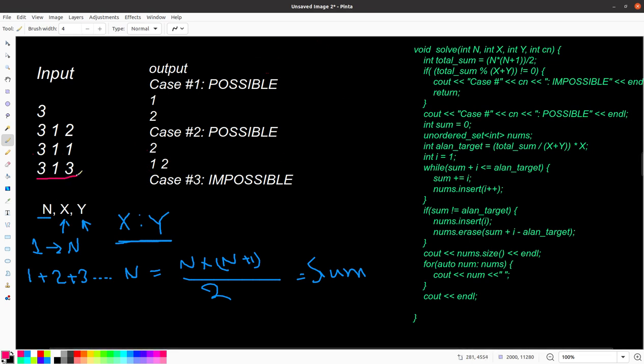For the last case we have n equal 3 also, and we need the ratio 1 to 3. If you try to distribute the numbers into two sets and check all the combinations, you cannot get this ratio, so we print impossible.